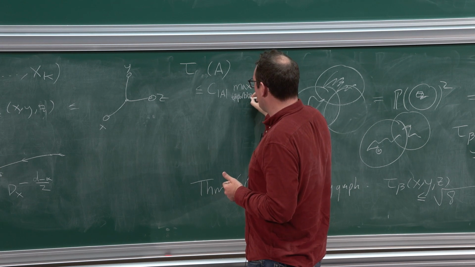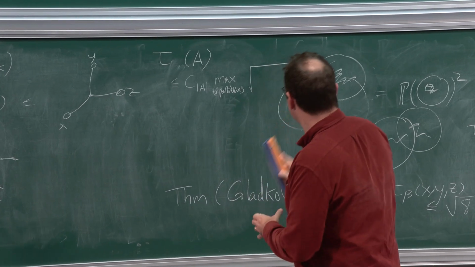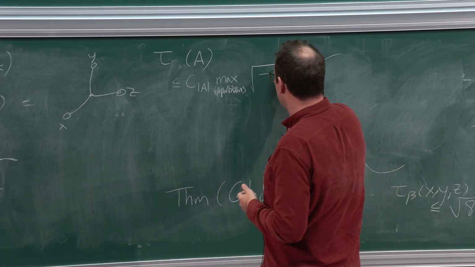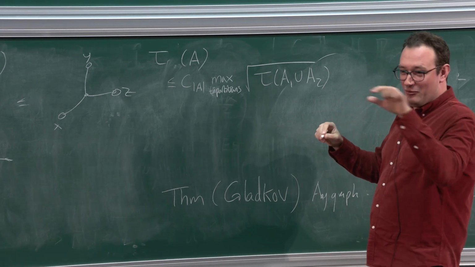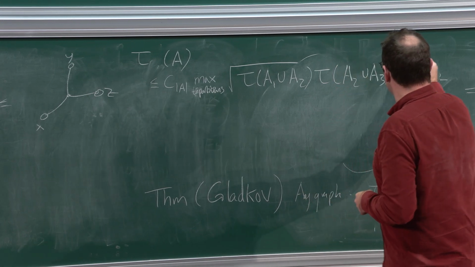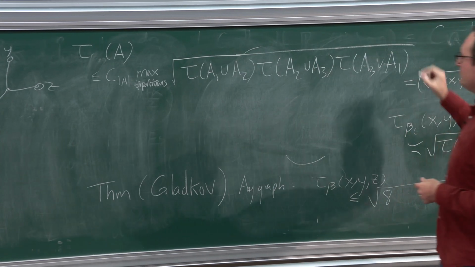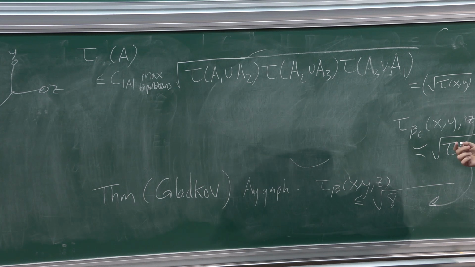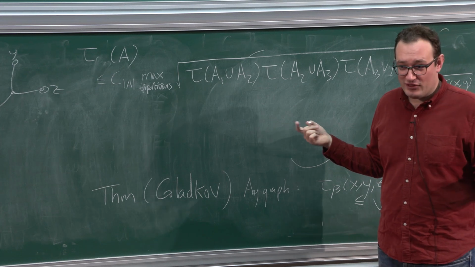So partitions of A into 3 non-empty sets, and the three sets you get that are like the complements of each piece. Okay, you can see in the case that A has 3 elements, this is exactly this. There's only one way to do the tripartition, which is into singletons, and you get the same inequality.